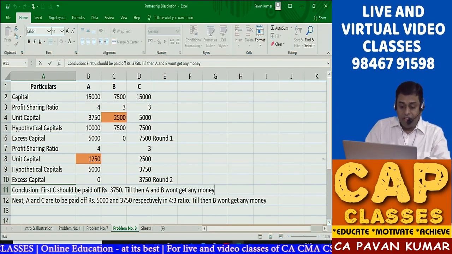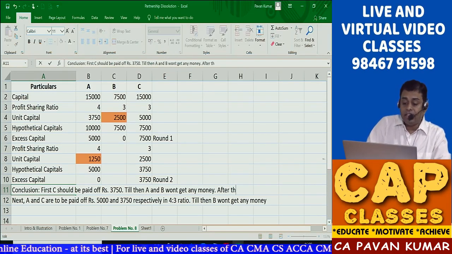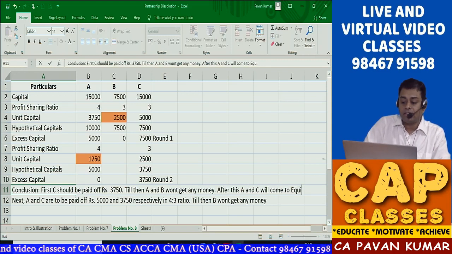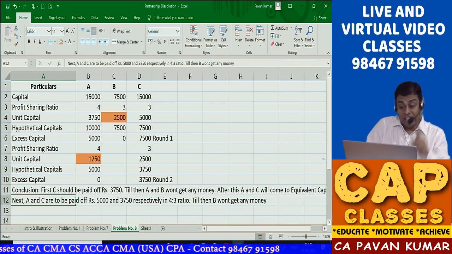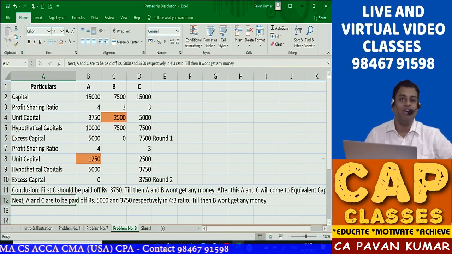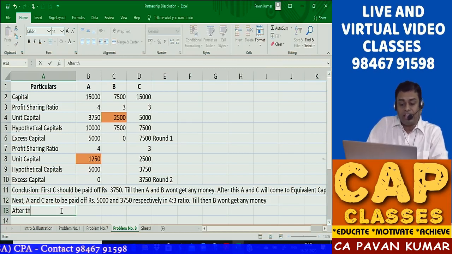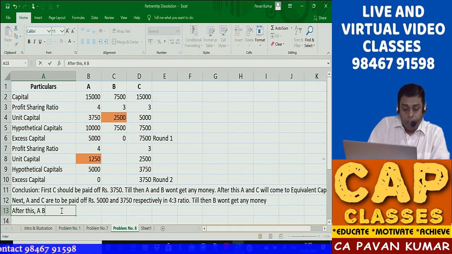So the objective here is, after this, A and C will come to equivalent capitals. But still they are higher than the other guy, no? So when you do this, after round 2, A, B and C all are in equivalent capital.